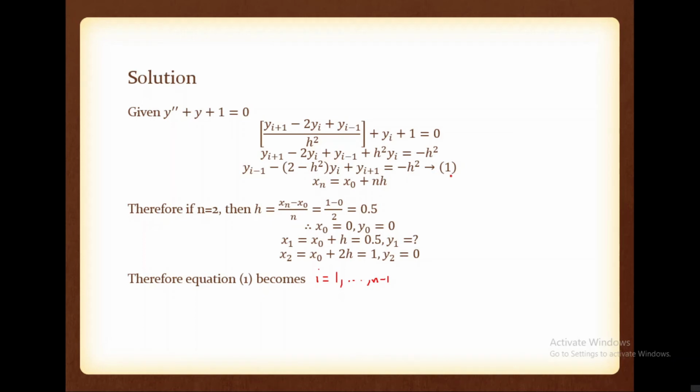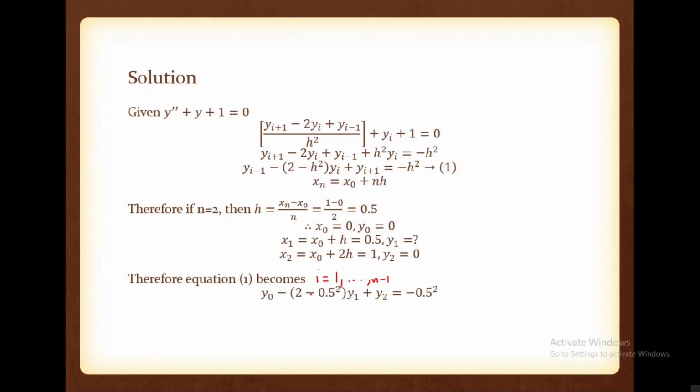After substituting i equal to 1 and h equal to 0.5, this term will become y0, this term will become y1, and this term will become y2, that is equal to minus 0.5 square.